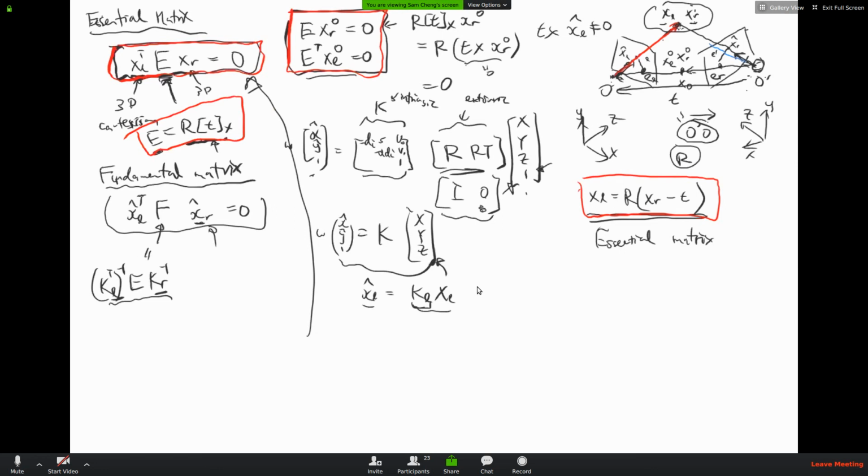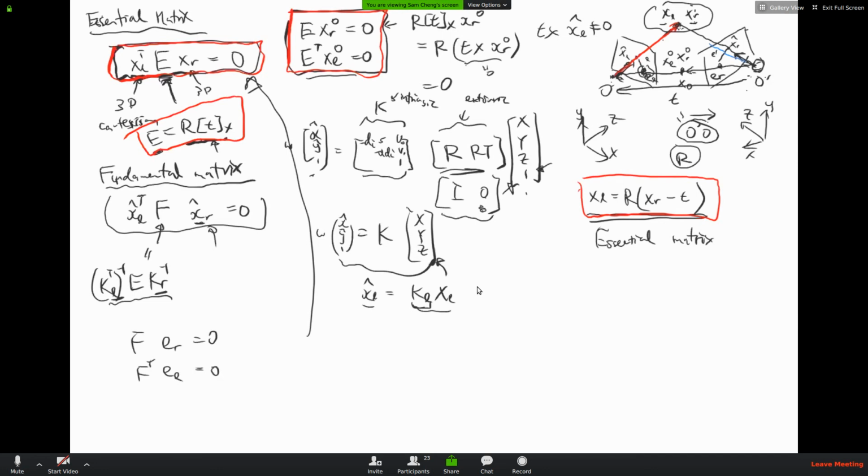And similarly, I will have a property like, let's say ER, the epipolar location on the right view, in homogeneous coordinates: F times ER will be equal to 0, and also F transpose times EL, which is the epipole on the left hand side, will also be equal to 0.